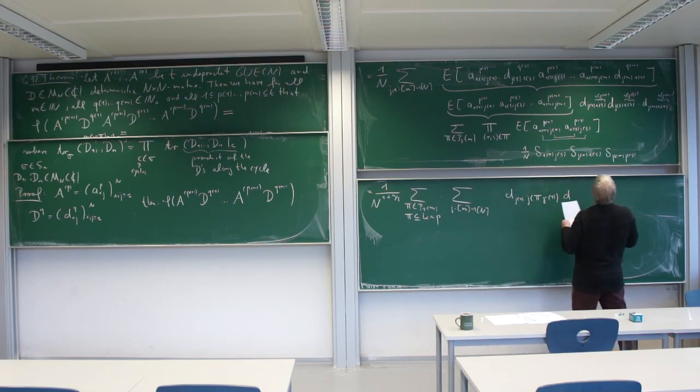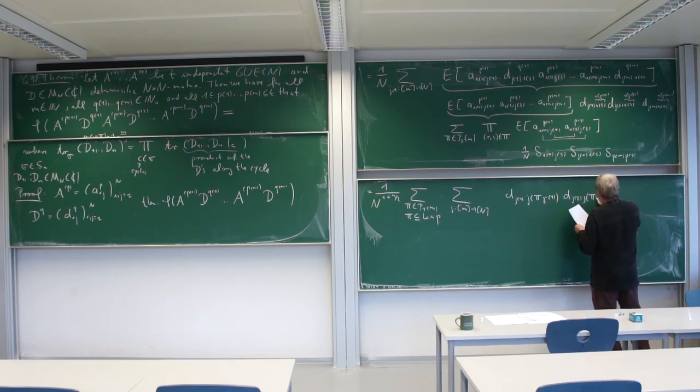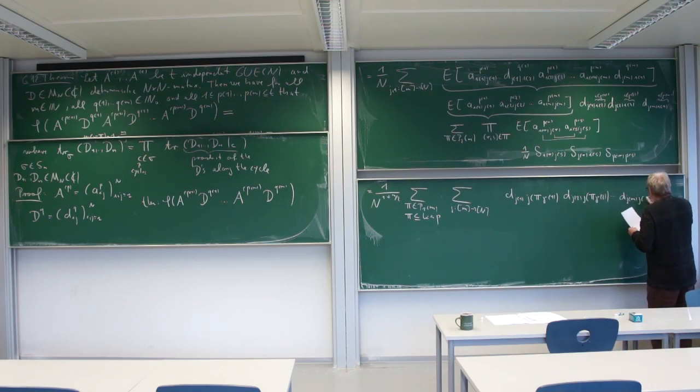Okay, then I have D, J2, and here again the I index is the same as the J index, but I have to apply pi on the index which I have there, which was gamma of 2. And so on, up to the end, D of Jm, J of pi.